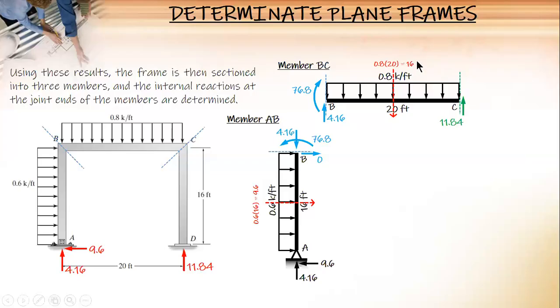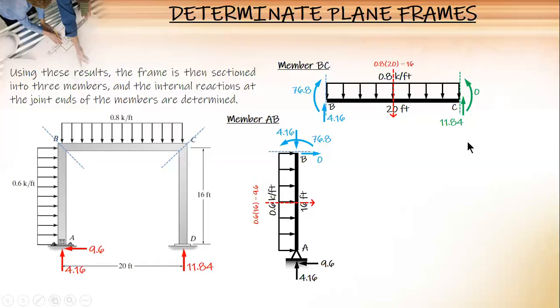You get the moment. 16 times 10, that's counterclockwise, against 4.16 times 20 plus 76.8. Add the two moments. Check, and it is 0. Okay. We can put it, but zero, it could also be left out.